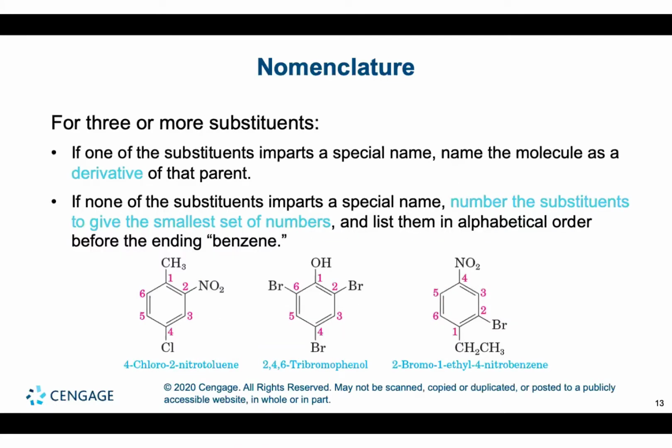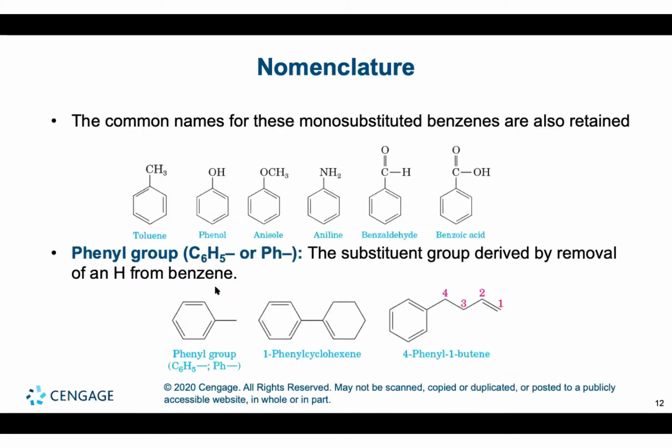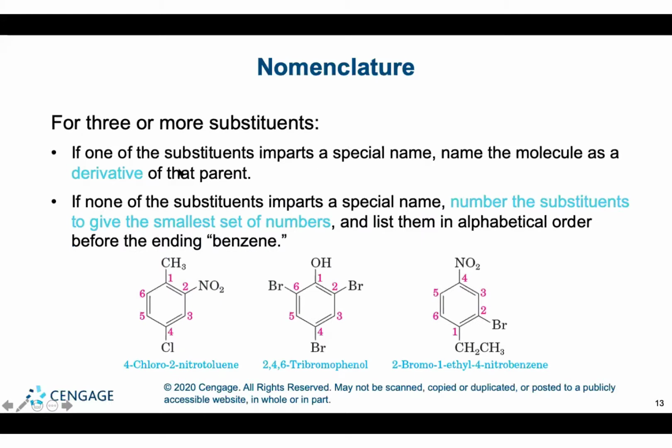So let's go, guys, to when we have more than 1 substituent on the ring. We already talked about monosubstituted benzenes, like this, and we said we should memorize them. What about when we have more than 1, like here? Whenever you have more than 1, you should first see if you are familiar with one of the root names that we already talked about.